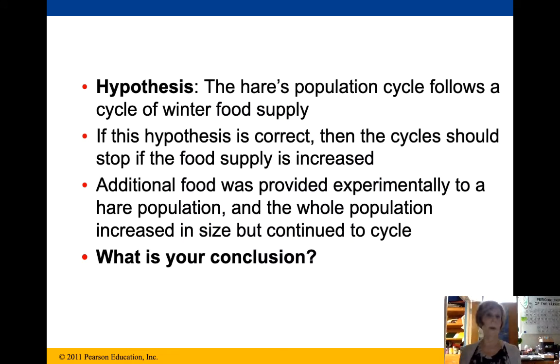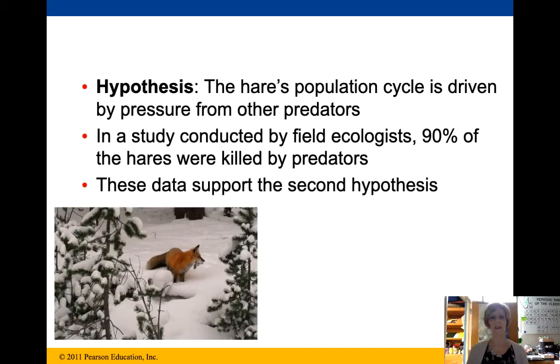So one of the hypotheses is that the hare's population cycle followed cycles of winter food supply. If that hypothesis was correct, then the cycle should stop if the food supply increased. Researchers added additional food to a hare population, and the whole population continued to increase in size, but it was still cycling, okay? So obviously that data would not support that hypothesis.